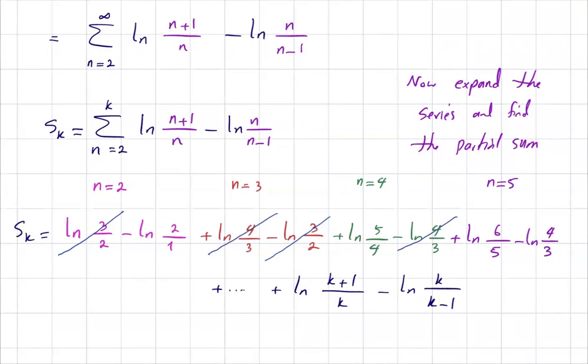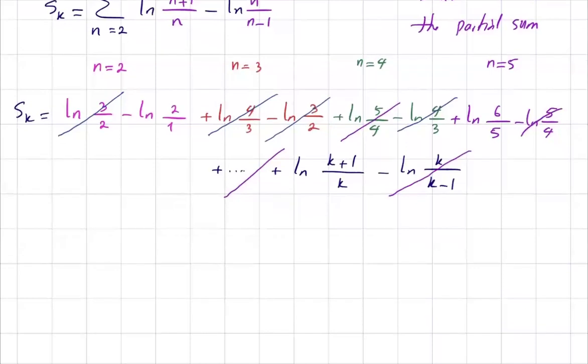And negative ln of 5 over 4, ln of 5 over 4, and so on. This term and the term before it get canceled out as well. So what's happening here? Your s sub k is equal to negative ln of 2 plus ln of k plus 1 over k.